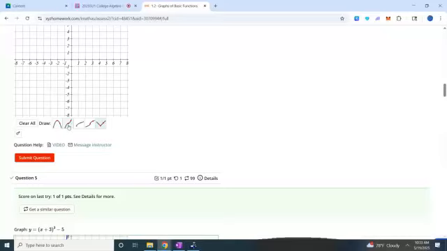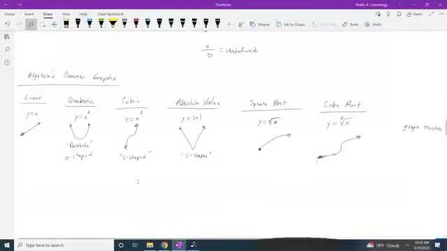This is to graph the cubic. This is to graph a what? Square root. This is to graph a what? Cubic. And this is to graph a what? V-shaped absolute value. Is everybody okay with these graphs? Okay. So now we talked about the 6 functions.